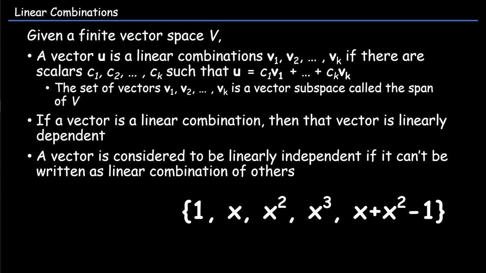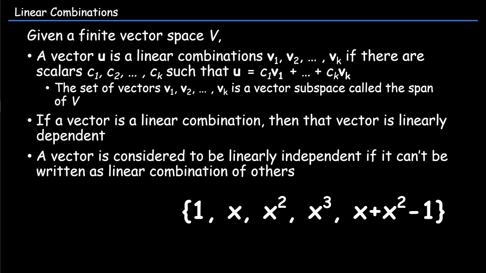And so the x plus x squared minus 1 is linearly dependent, which means it's a linear combination of other vectors in that space. That also means that the vectors 1, x, x squared, and x cubed are all linearly independent vectors because you can't add or subtract x, x squared, or x cubed to get 1. So 1 is a linearly independent vector, and the same thing goes for x, x squared, and x cubed.